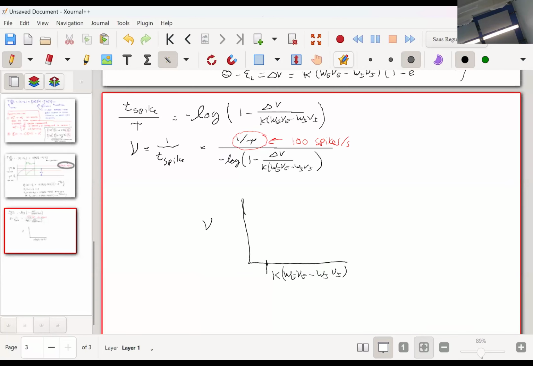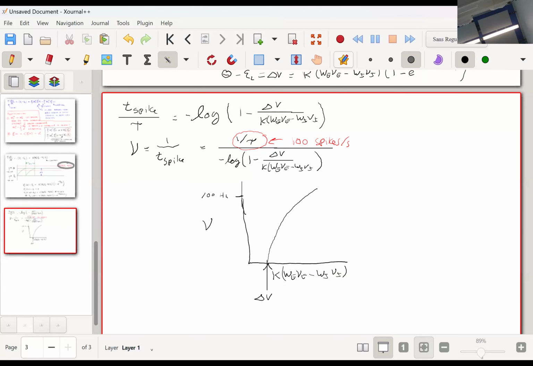So this point here is delta V. And it goes up very steep, very quickly, depending on what W is. So it's not long before it gets to about 100 hertz. And it just keeps going up and up.